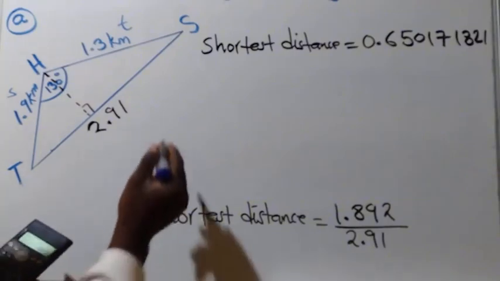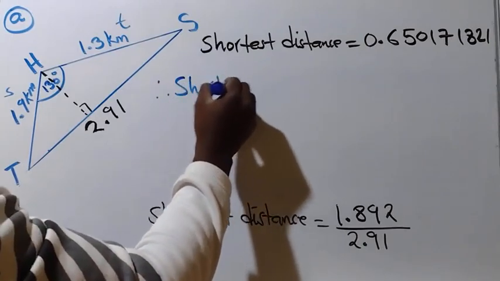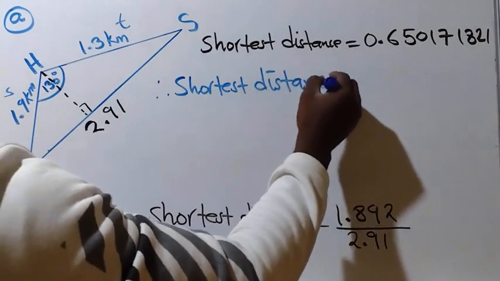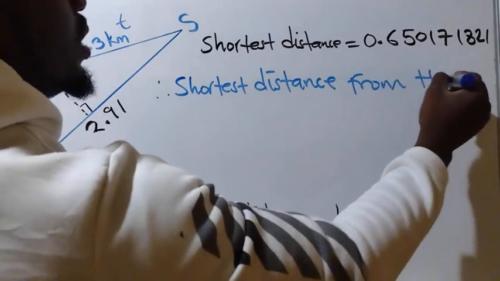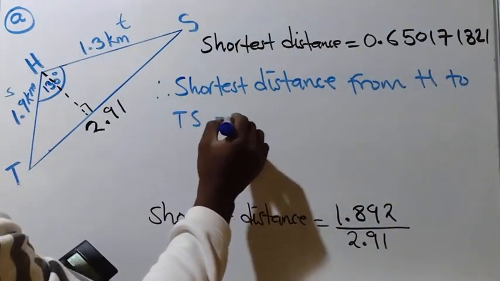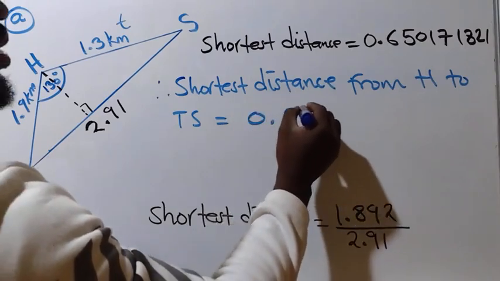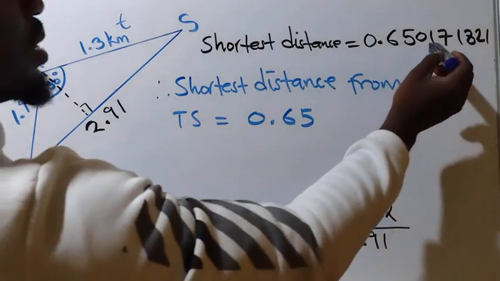So you say therefore shortest distance from H to TS is equal to 0.65. The number you have to make it 3 significant figures is a 0.